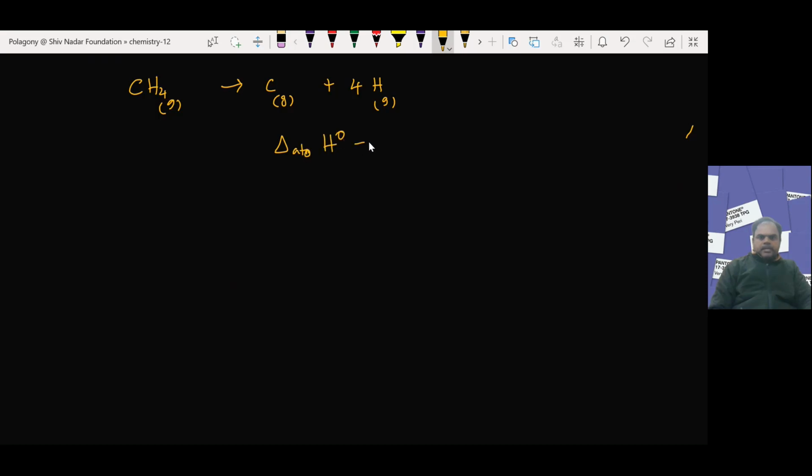So the standard enthalpy of atomization of the molecule will be 1665 kilojoules per mole. That means we need to apply energy for the methane molecule.